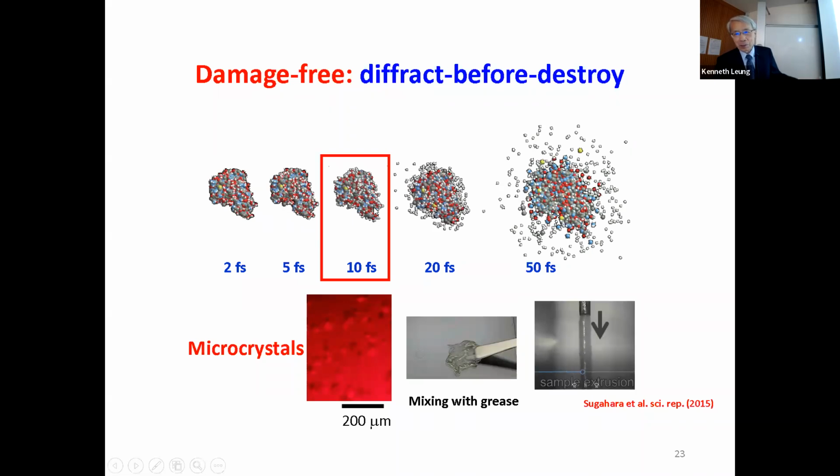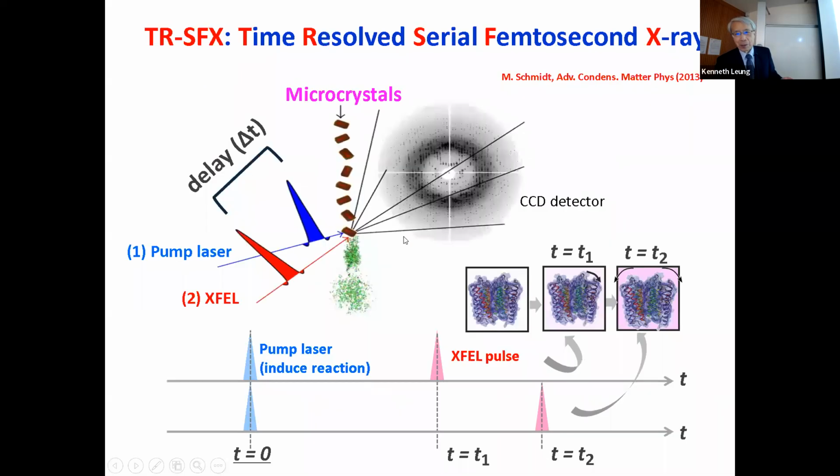Okay, it's no longer used. Again, the next will be the next crystal. And the reason you could do time resolved is, particularly for the light-triggered reaction, the photo-induced reaction. This is most useful because of the fast time scale.